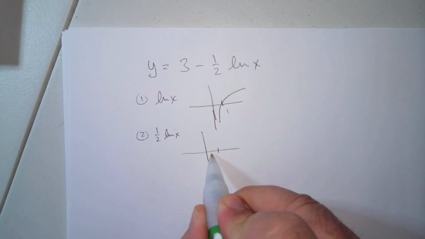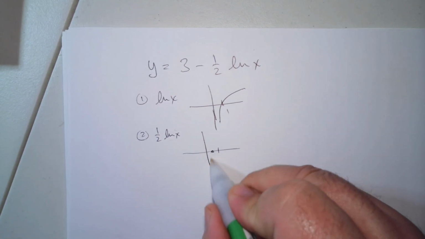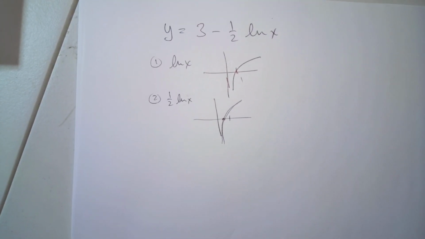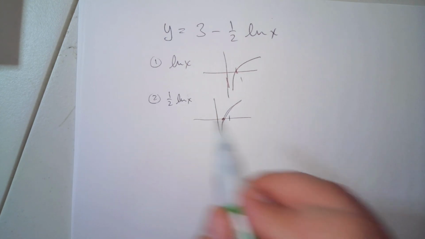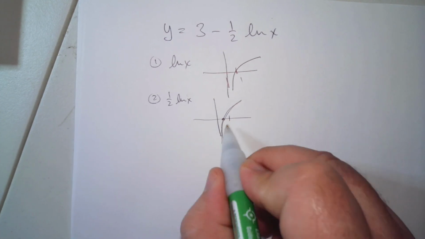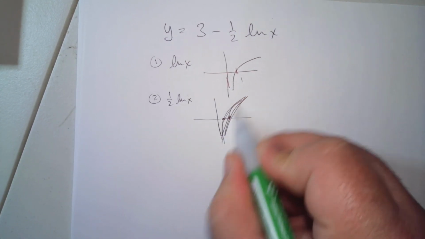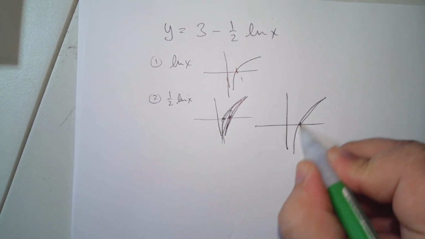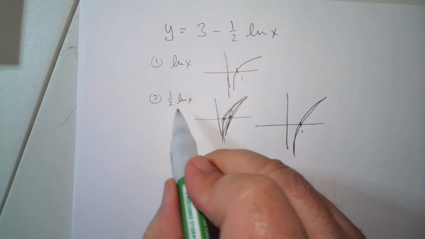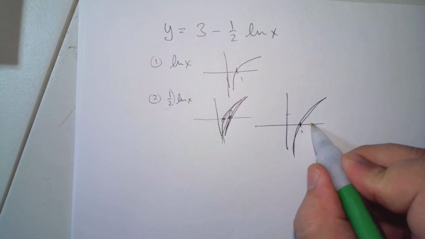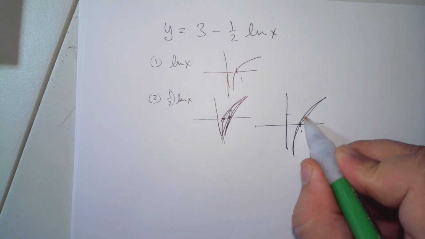What this one does is it shrinks it. So when x is 1, it's still going to be 0. Right? When x is 1, it's still going to be 0. But it grows a lot slower. Instead of 2, 1, it's now going to be half as fast.